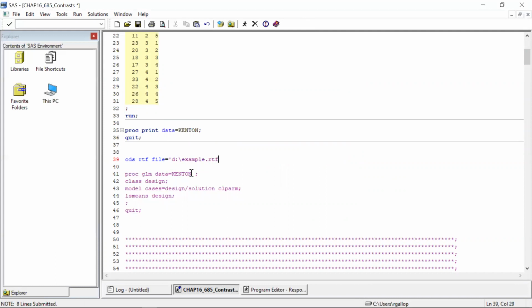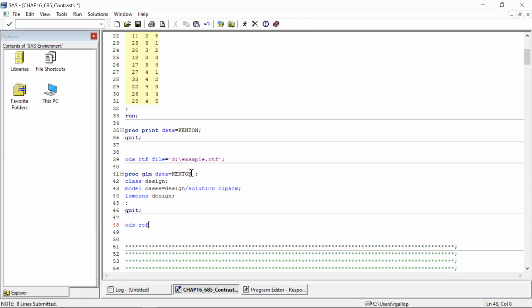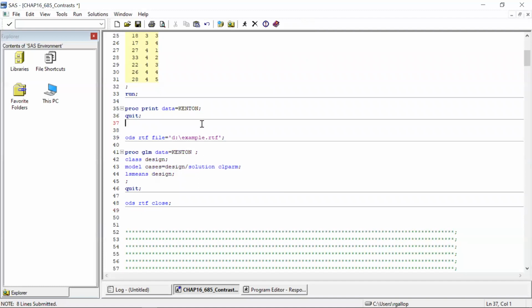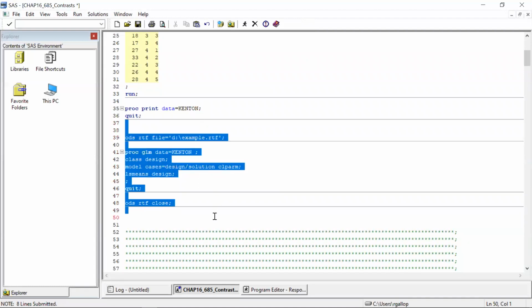I'm going to take the output to an RTF file. And we get the nums on. So now I'm going to go ahead and just run our basic ANOVA. We haven't done anything else.